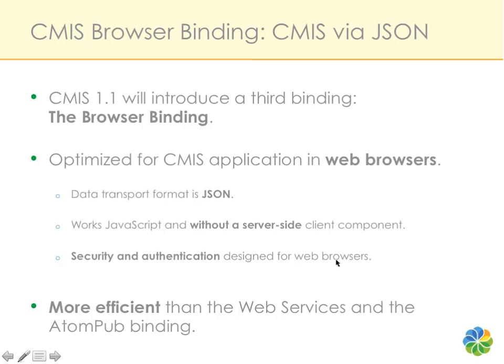Okay, so CMIS 1.1 will introduce a third binding. It's called the browser binding. The idea is to have a binding that is optimized for web browsers or for applications running in a web browser. Web services and AtomPub are not really usable in a web browser environment.